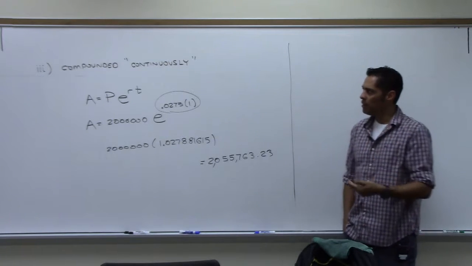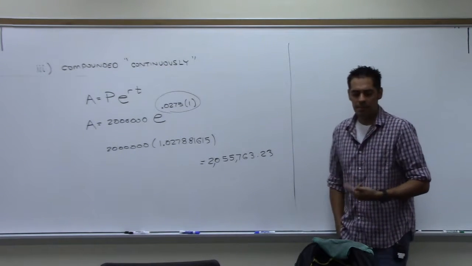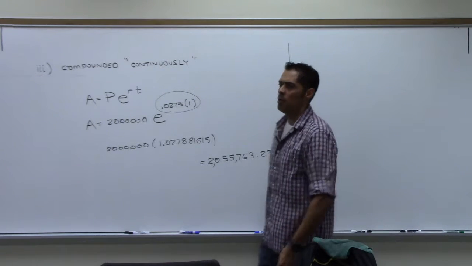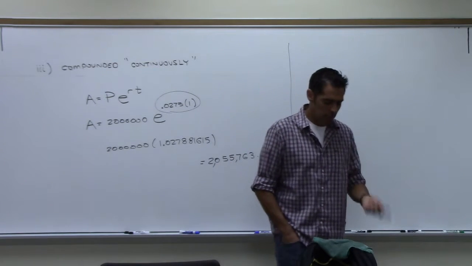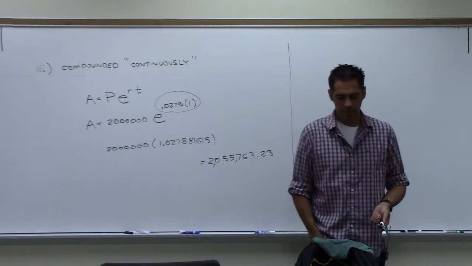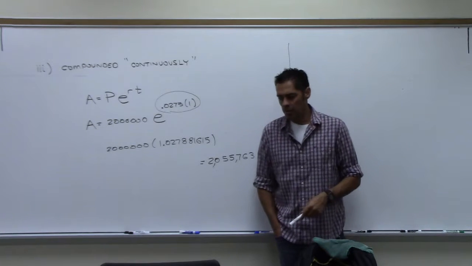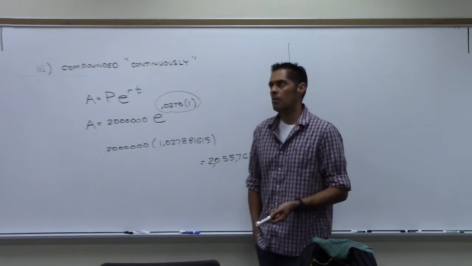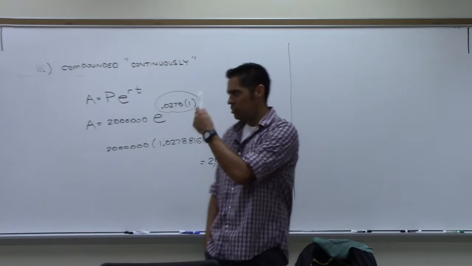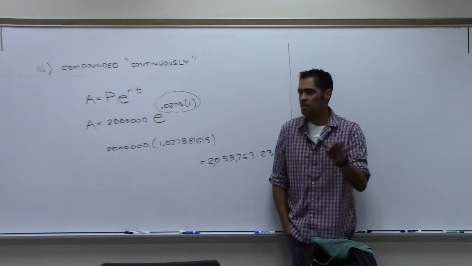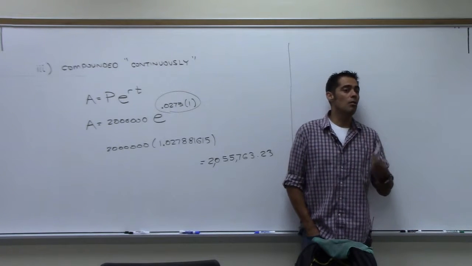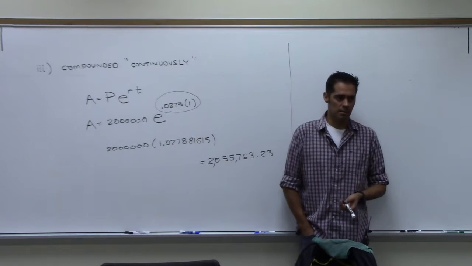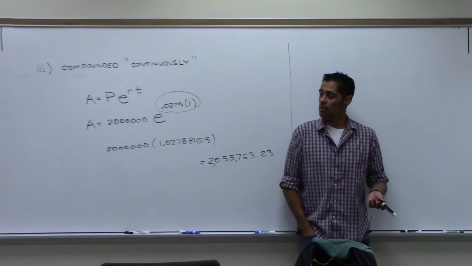But next week, what I plan to do is something more interesting, which is what if we won $2 million and we put it into a bank with an interest rate of 2.75, same situation. And I wanted to know how long it was going to take to turn it into $3 million, right?